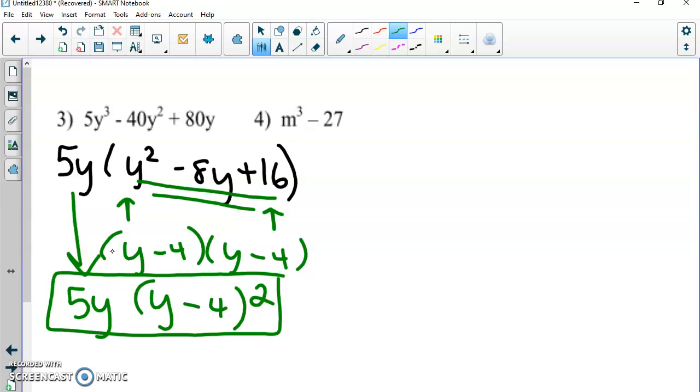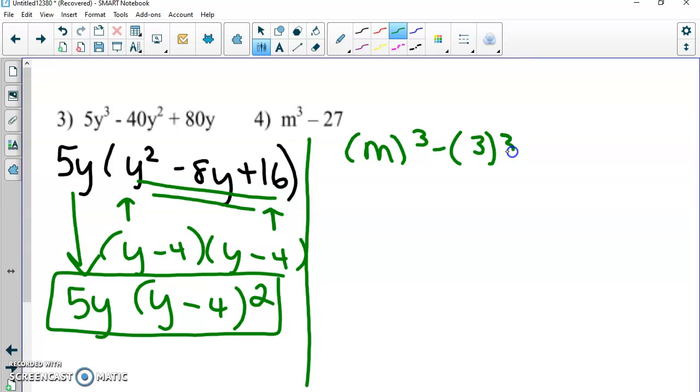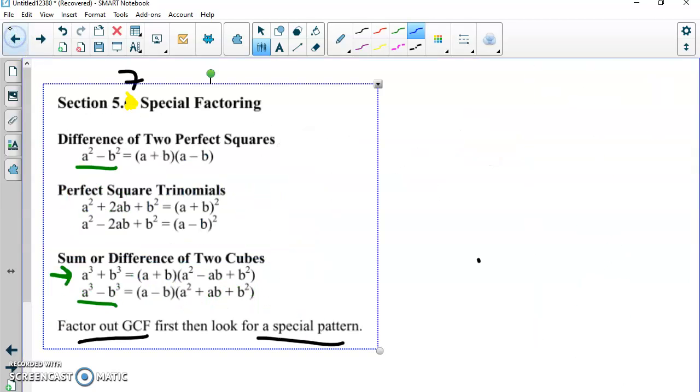27 was on our perfect cube list, and m cubed is a perfect cube. So think of this as m cubed minus 3 cubed. So m is our A and 3 is our B, and they fit the sum of two cubes formula. Let's go back.